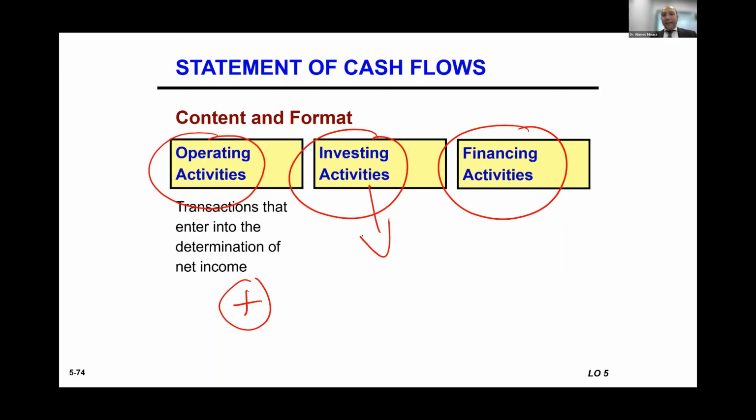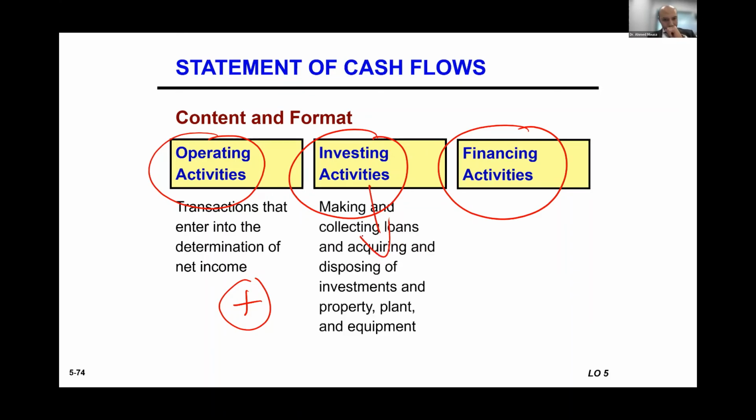Investing activities only show if you invested money in assets, such as purchasing equipment or something. Normally this is a negative cash flow. And here is where you will find where you spent your money. So usually investing activities generate negative cash flow.